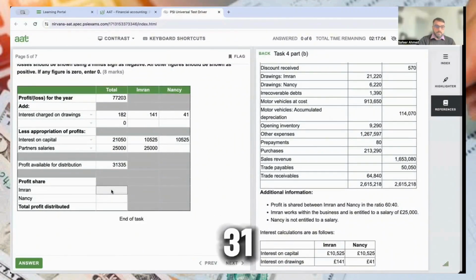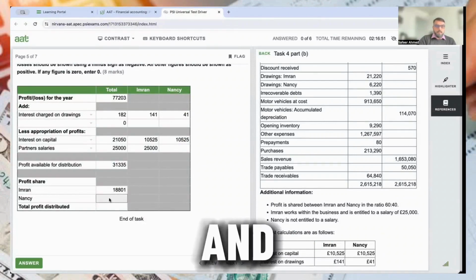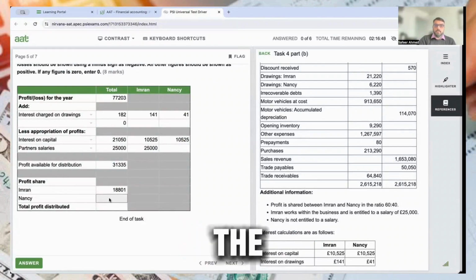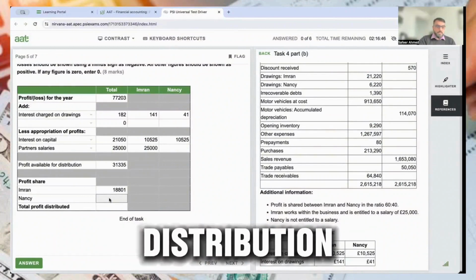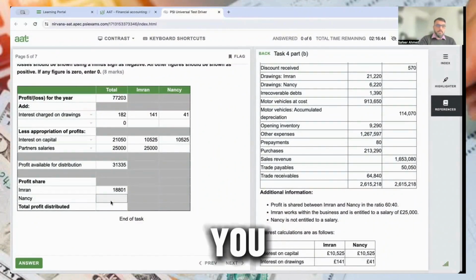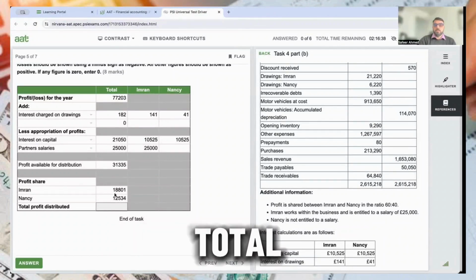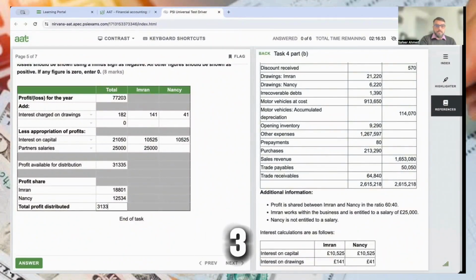So which is 31,335 times by 60%, which gives you 18,801. And if you take 40% of the profit available for distribution, the amount that gives you is 12,534. So we have distributed a total of 31,335.